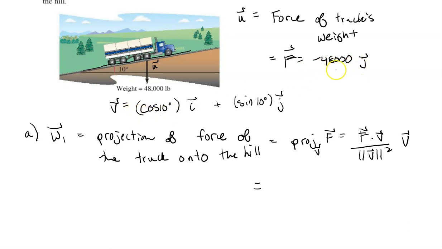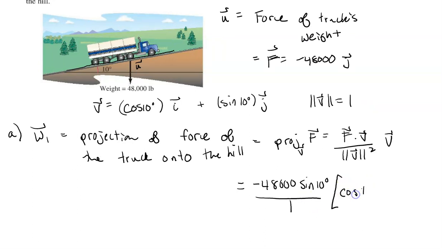And when you find F dot V, you're going to get 0 minus 48,000 times the sine of 10 degrees. And of course, this is a unit vector, so the magnitude of V is equal to 1. So we'll have a 1 here. And that's going to get multiplied by V, which is cosine of 10 degrees i plus sine of 10 degrees j.